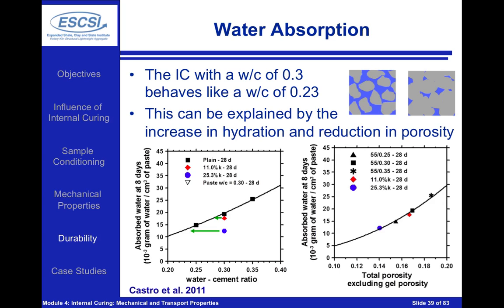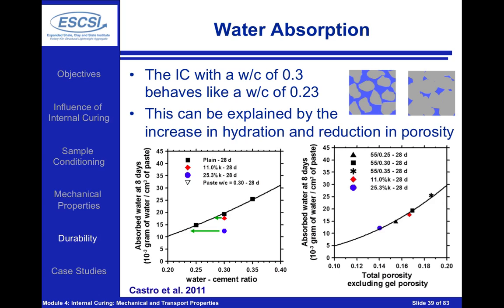But if we look at the graph on the left-hand side on the bottom, this is the water that's absorbed after 8 days, and we're plotting the effects of the water to cement ratio in the plain system on the black line, and we can see two internally cured cases, half of the internal curing water shown as the red dot, and the internal curing water following the Bentz equation shown here as the blue dot.